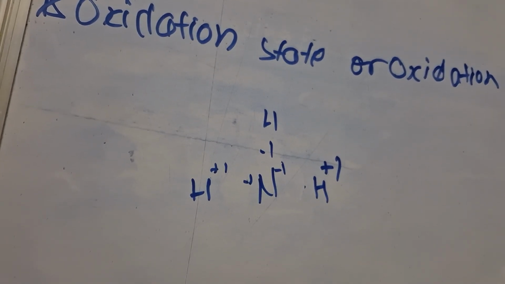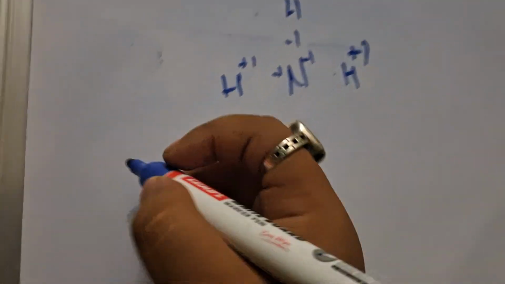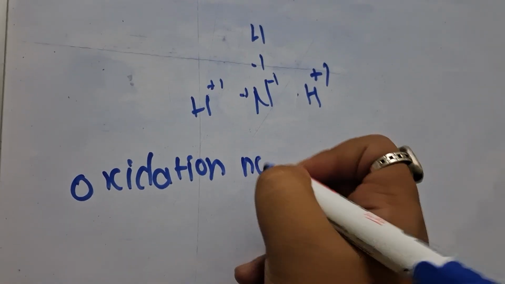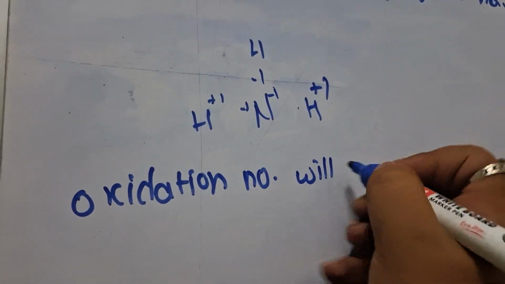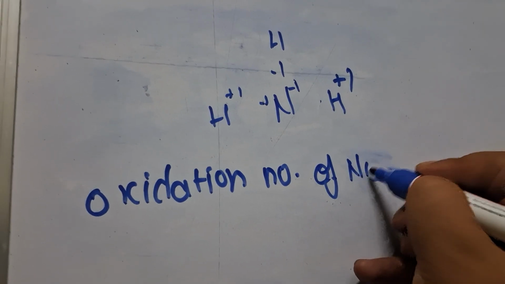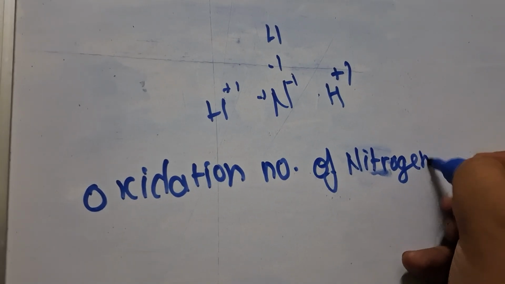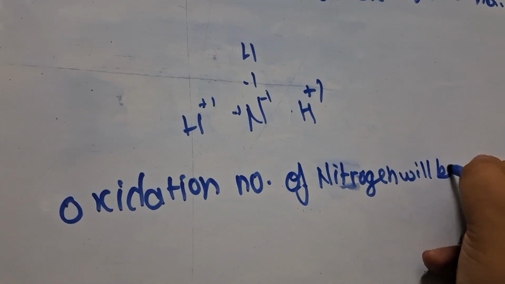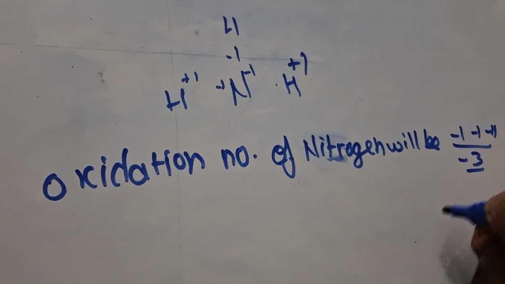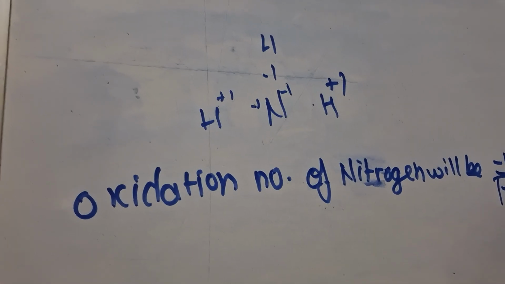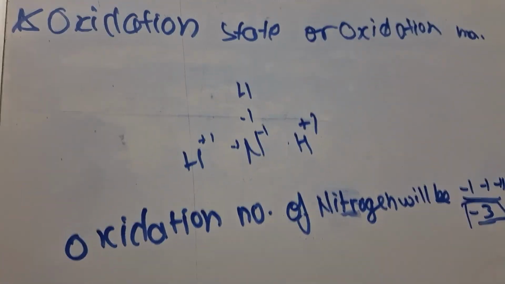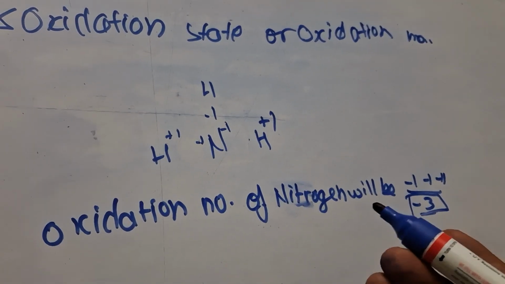So the oxidation number of nitrogen will be -1 -1 -1. So this is -3. So this is how you find out the oxidation number.